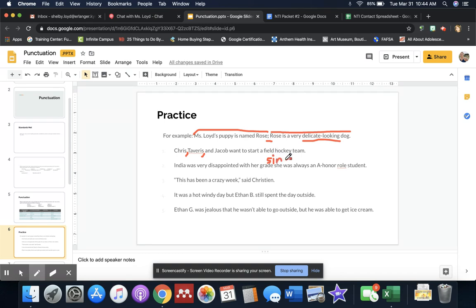Okay, so again, just like I stressed in the last video, you guys have different options of what you could do here. Now, I love semicolons, so I'm going to put a semicolon. Okay. She was always an A honor roll student. Now, this word is always tricky because typically when you see, like in reference to honor roll, you don't usually see another hyphen here. Usually it's just exactly as it is.